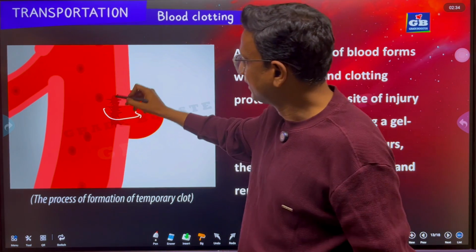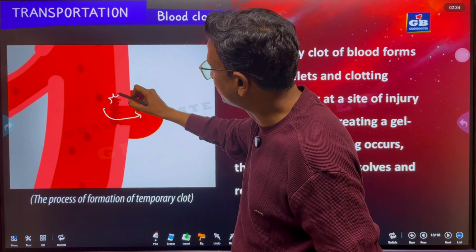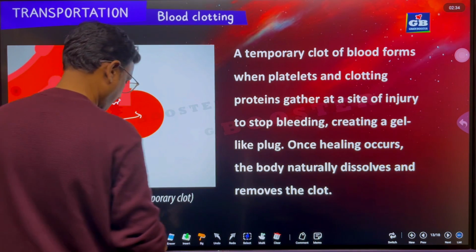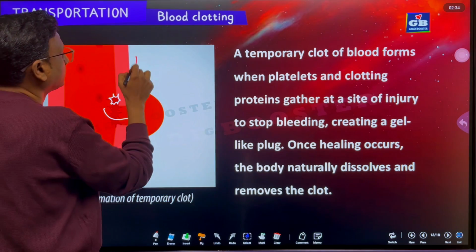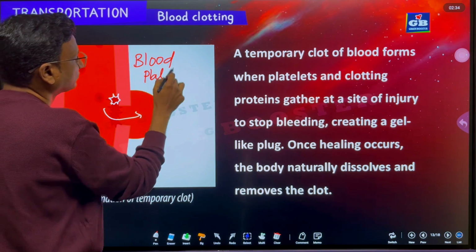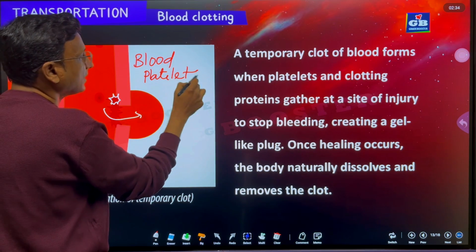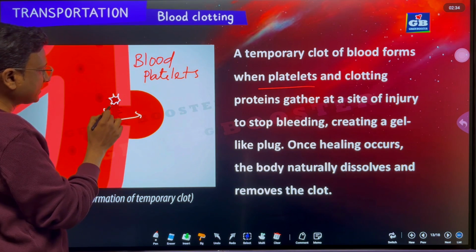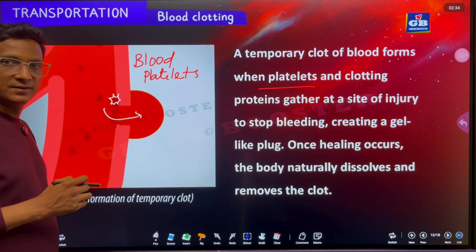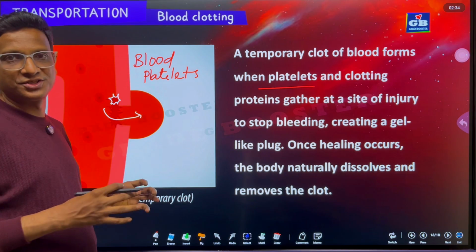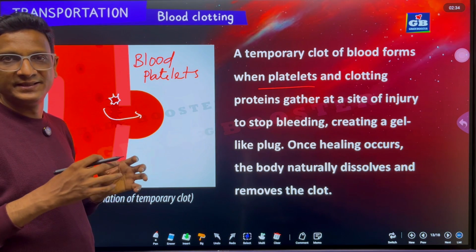At the same time, special blood cells called blood platelets move to the site where there is a cut and they block the cut. The platelets block the cut.